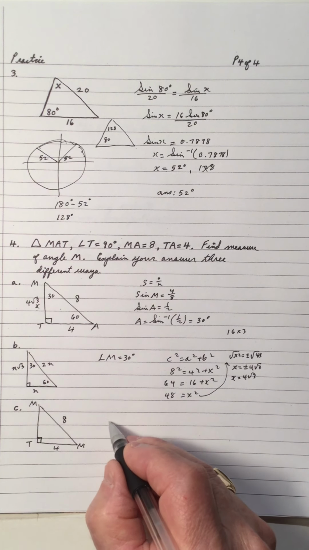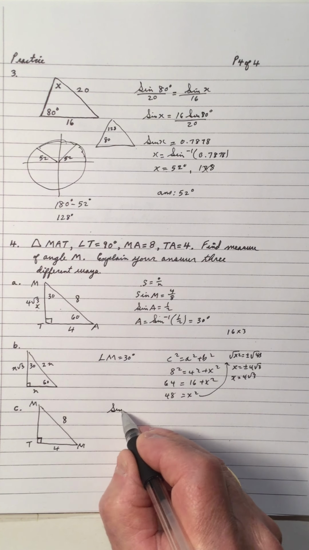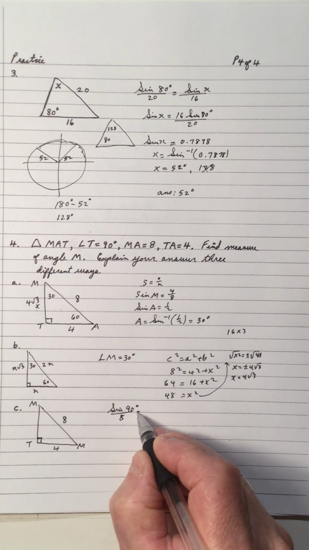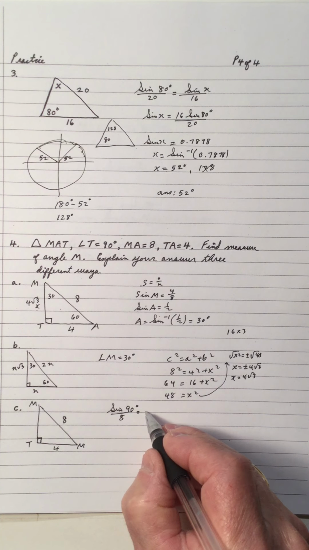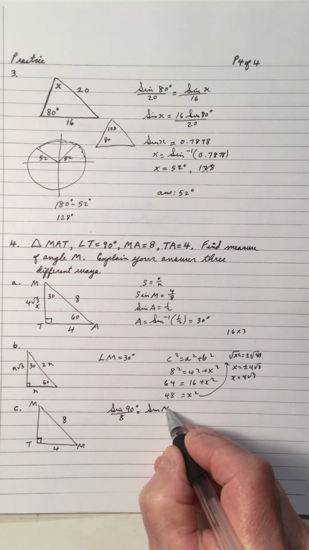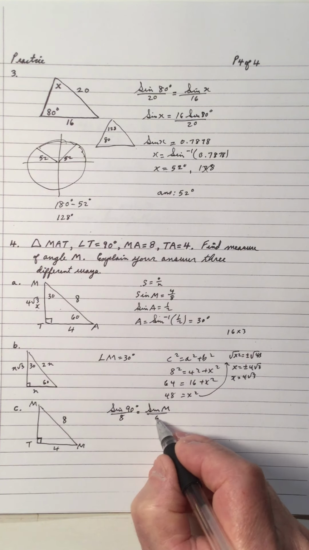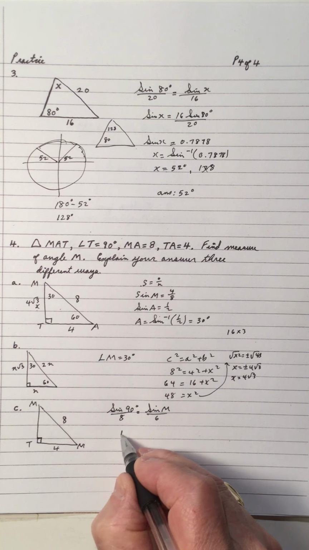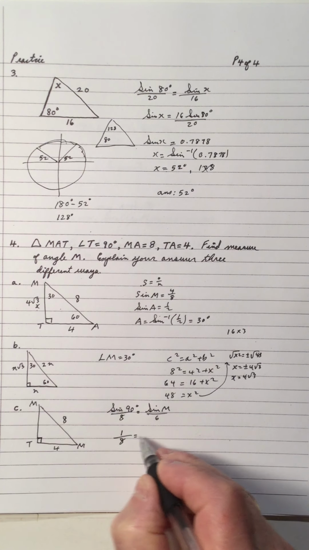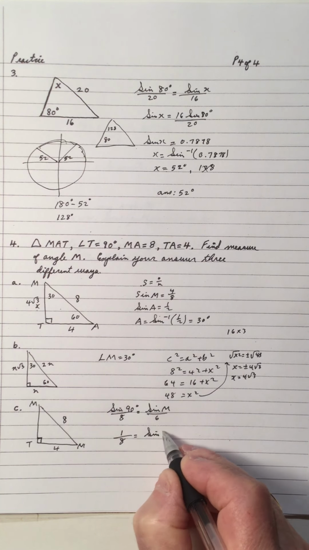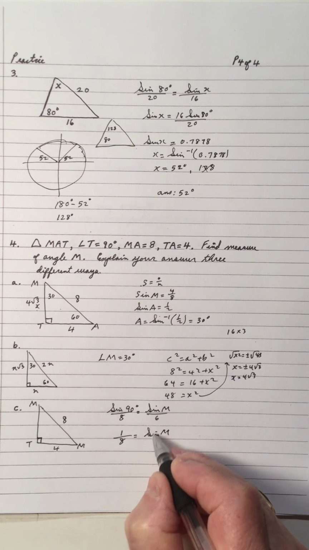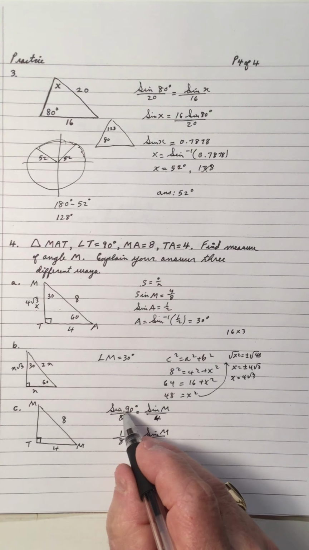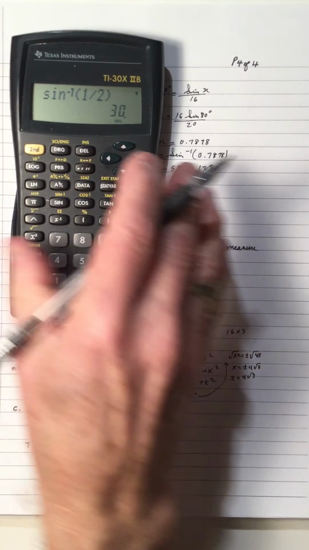Therefore, the sine of 90 over 8 is the sine of M over 4. So the sine of 90 works out to be a 1. So that's 1 over 8 equals sine of M over 4. Sine of 90, check your calculator.